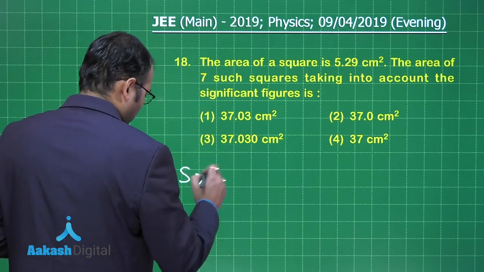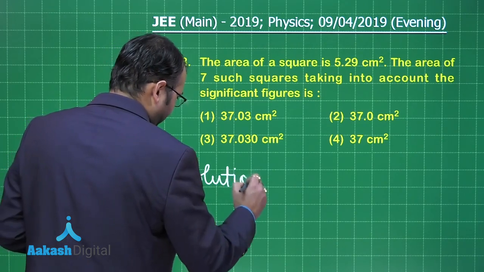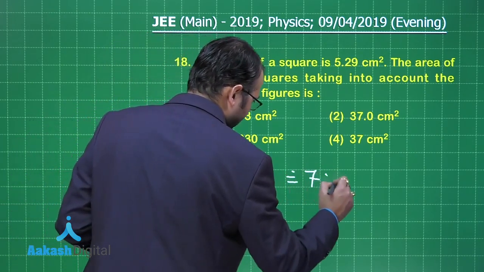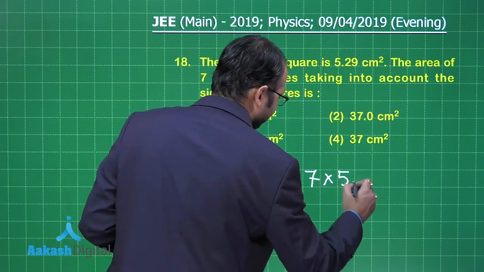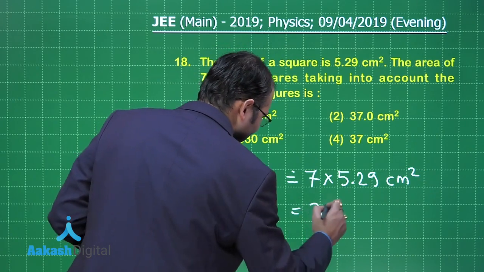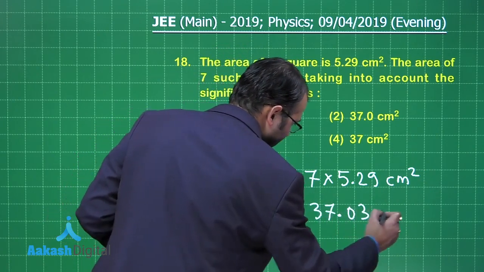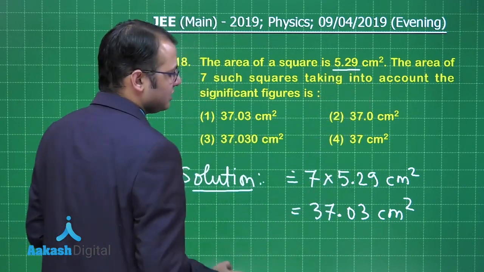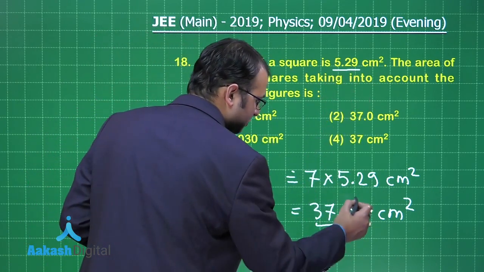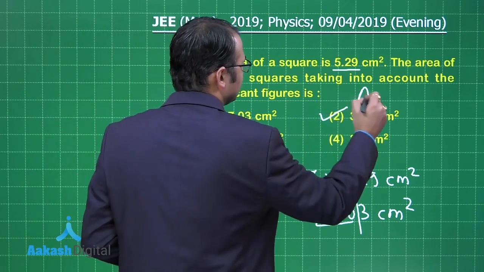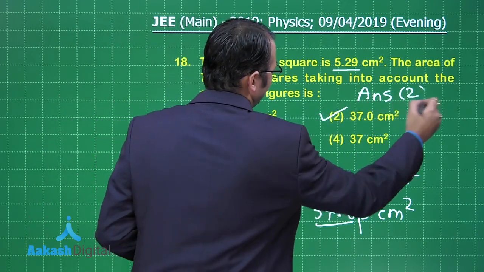So in order to find the area of the 7 such squares, total area would be equal to 7 into this value, that is 5.29 centimeters square, which will come up to 37.03 centimeters square. But if you see the 3 significant figures here, you will count up to this place only. So the answer should be 37.0 centimeters square. So the answer to this question should be option 2, right?